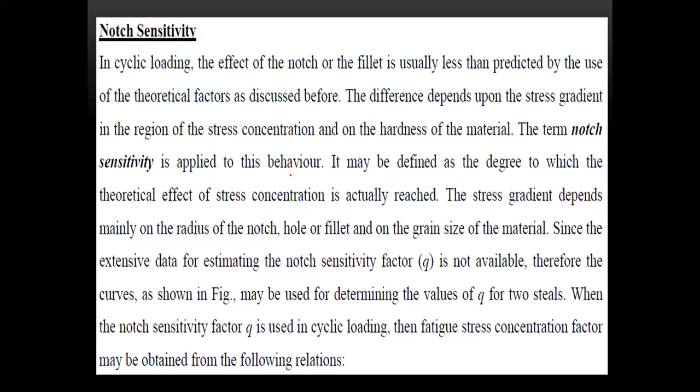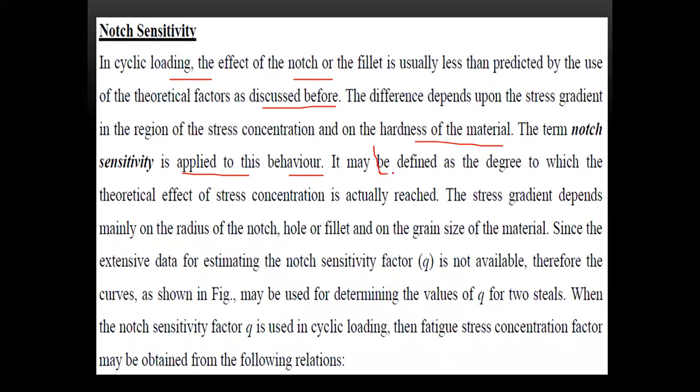Next one is notch sensitivity. In a cyclic loading concept, the effect of a notch or a fillet is usually less than that predicted by use of theoretical factors as discussed. The difference depends upon the stress gradient in the region of the stress concentration and the hardness of the material. The term notch sensitivity is applied to this behavior.